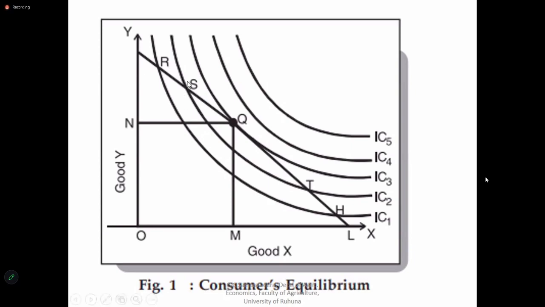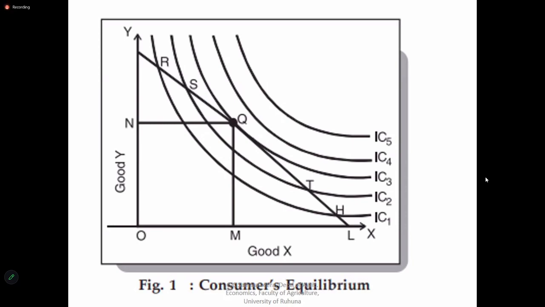Let's say we have all of Q, S, R, T, H, five points. Out of these points, what is the best possible and feasible situation? Which is the point that gives him maximum satisfaction as well as between the budgetary limits?